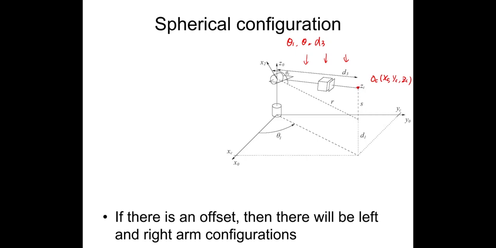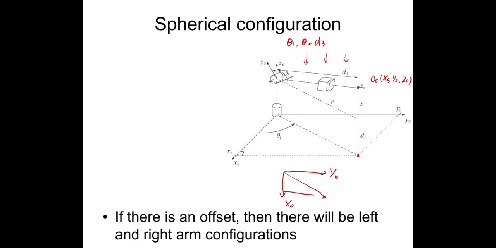This is the spherical wrist center projected to the X0, Y0 plane, so we have XC, and on the Y0 axis we have YC. Calculating theta 1 is easy because this is a triangle with YC and XC, which are perpendicular. Here I have my X0, here I have my Y0, and this is the OC projected to the X0, Y0 plane.